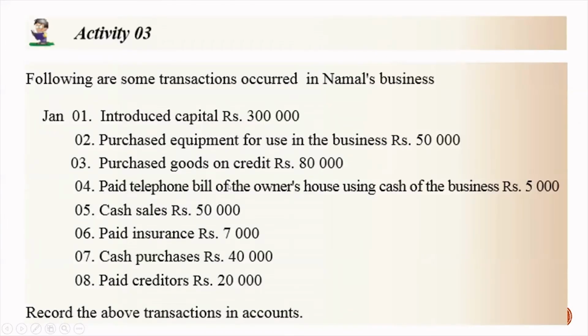Then pay telephone bill of your owner's house using the cash of the business 5,000. So you don't have to worry about whether it is the owner's telephone bill or whether it is his electricity bill. We don't put that into our accounts. We just state that it is simply a drawing. So how do we record drawings?